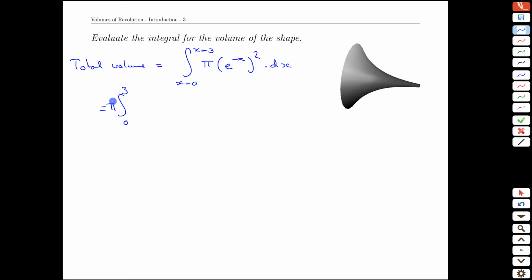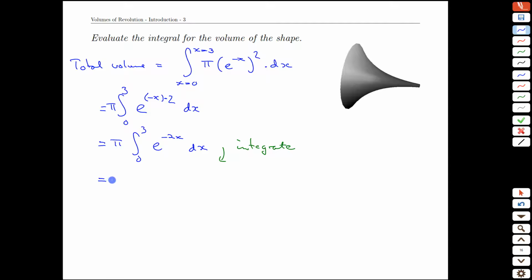We have the pi that we can bring out front, and if you remember the power rules, if I have a nested power like this, that is the same as e to the negative x times 2. We can treat it as multiplying of the powers. We'll rewrite that one more time. That would be more commonly written as e to the negative 2x. And now we're ready to do our integration.